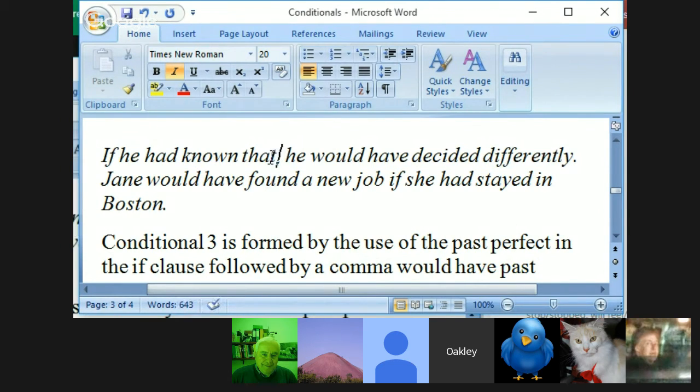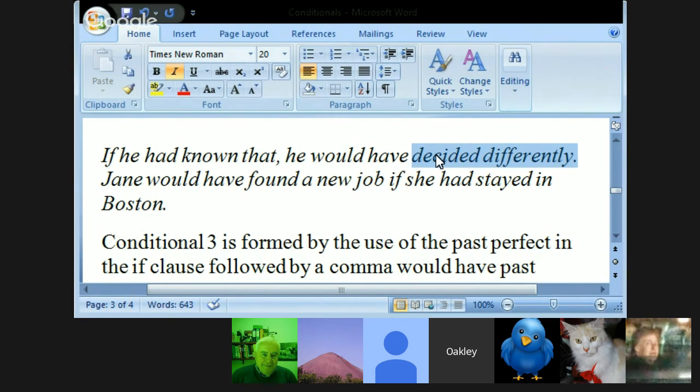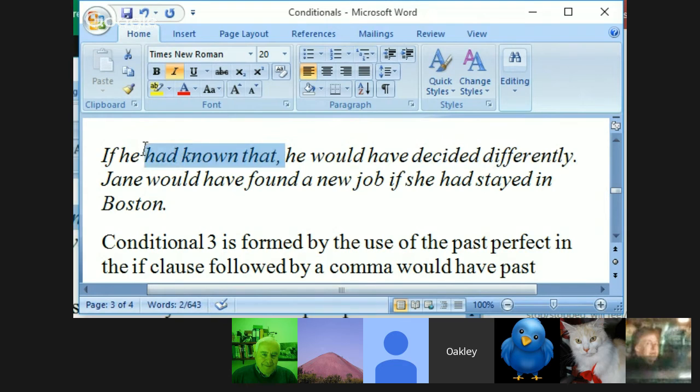What's true is that he did not know that, and it's already too late. He's already decided, so it's impossible for him to decide differently at this point. And what's really true is that he did not know. If he had known that, he would have decided differently.